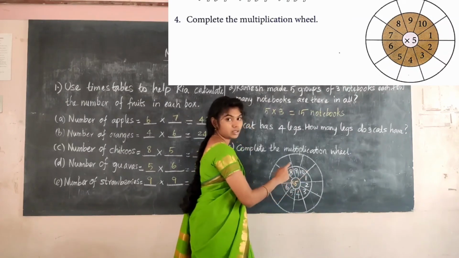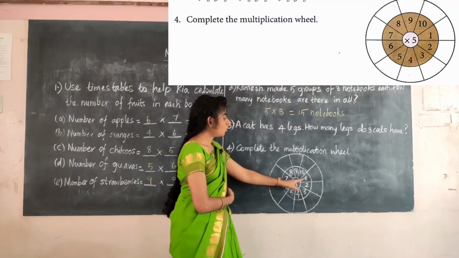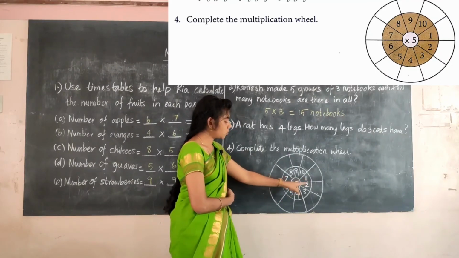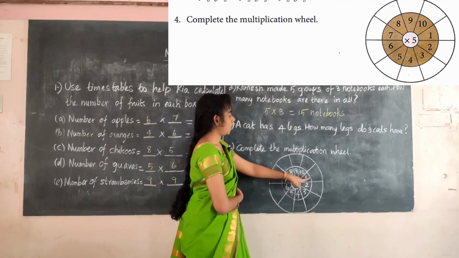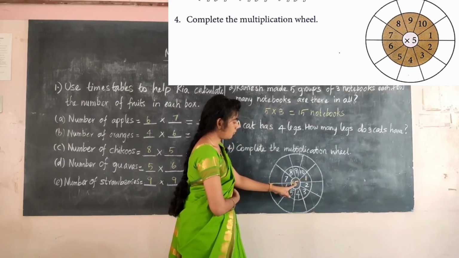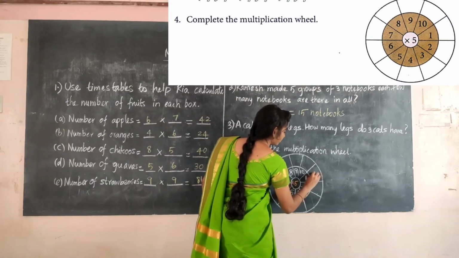5 1s, that is 1 5 sir. You are going to use the tables of 5. So 1 5 sir, or 5 2 sir, 5 3 sir, 5 4 sir, like that also you can find. I am going to say the tables of 5. That will be easy. So 1 5 sir, 5.